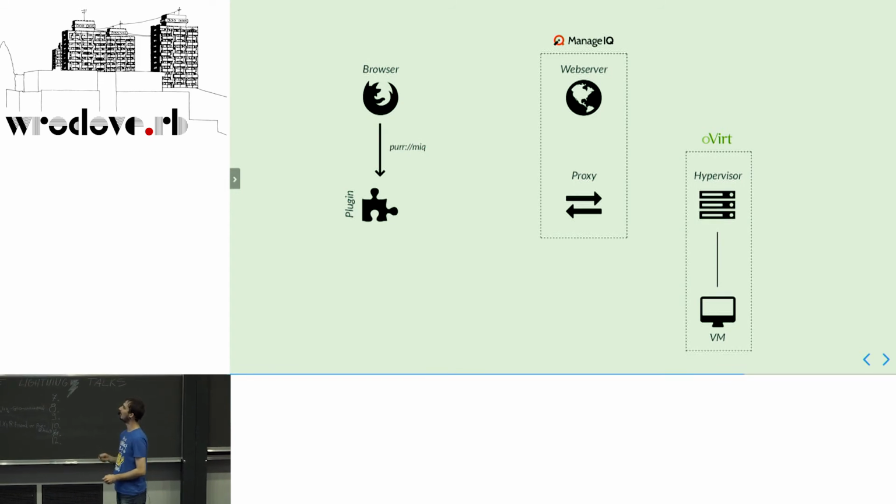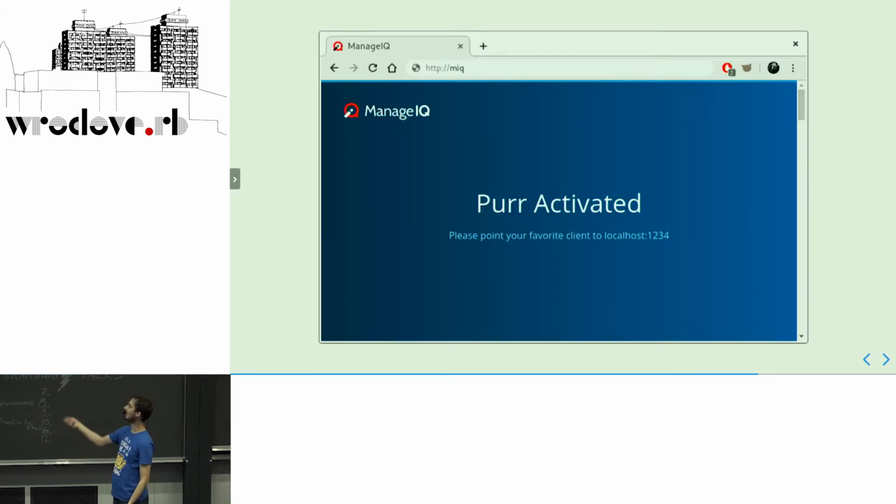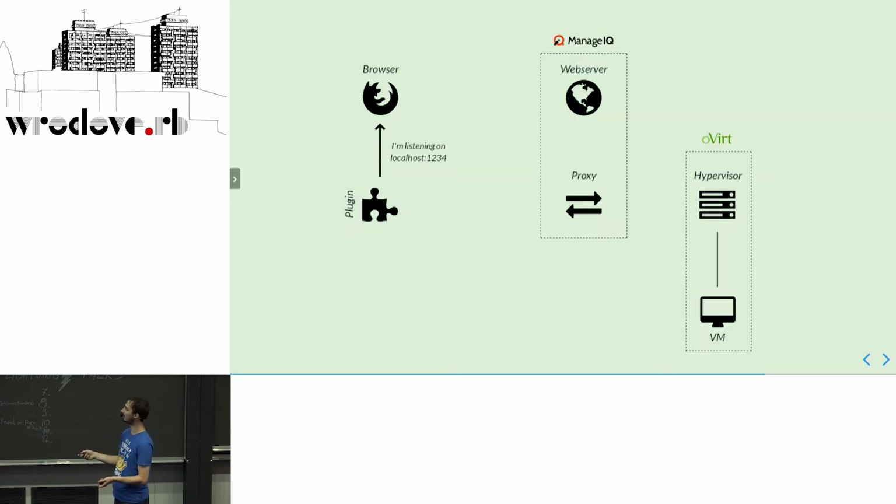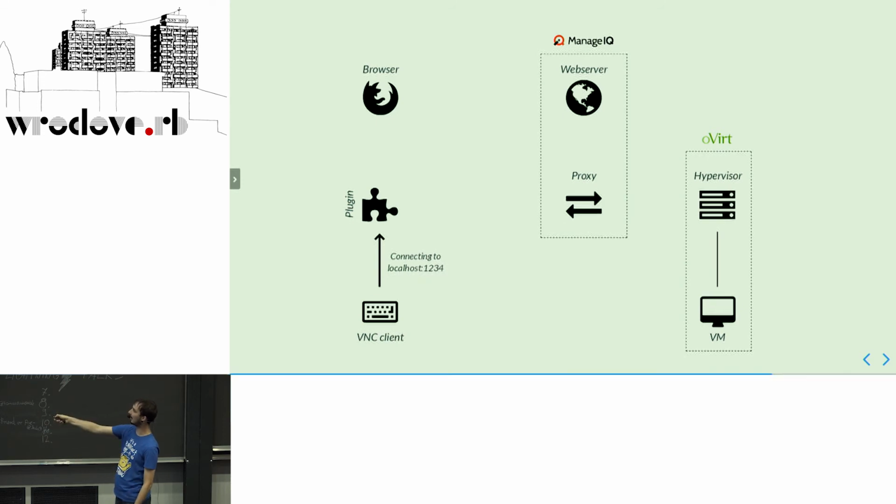The browser plugin opens up, says I'm listening on localhost 1234, and opens a page asking you to open localhost 1234. You open in your favorite client localhost 1234, which gets routed to the plugin. Plugin opens a connection.